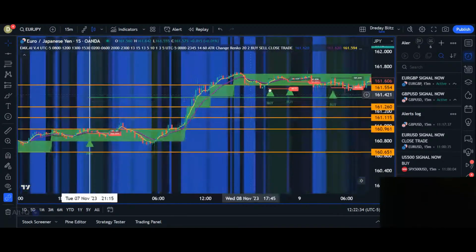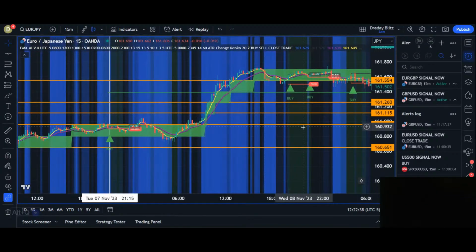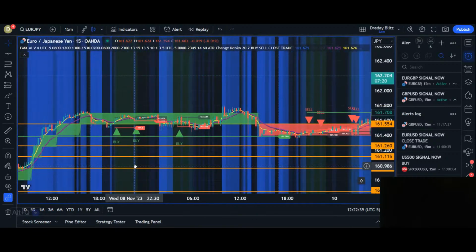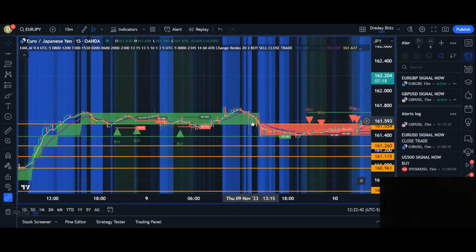Or when it's going to reverse on you, it will reverse on you regardless, right? And when it's going to reverse, it's going to be before it takes out your stop loss.